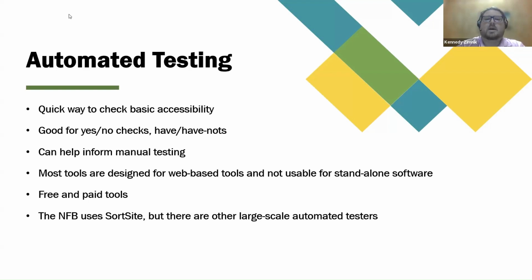So the two main ways you can do accessibility testing are automated testing and manual testing. Automated testing is a quick way to check basic accessibility. It's a good way to test if things exist or if they don't exist. For example, a big piece of accessibility is having headings in whatever your software or website is.